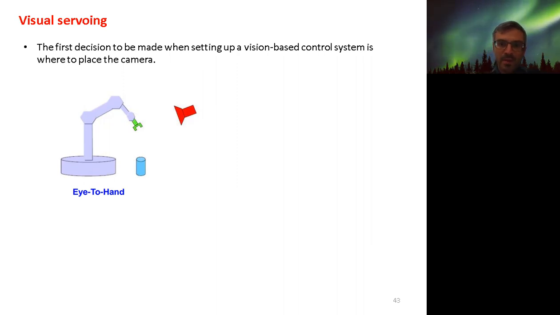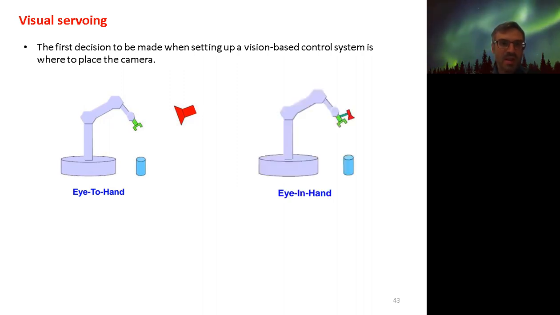In this case, the camera can observe the manipulator and any object to be manipulated at the same time. In the other case, you attach the camera to the end effector and the camera moves with the end effector. This is the eye-in-hand configuration, and you attach the camera in essence to the wrist.